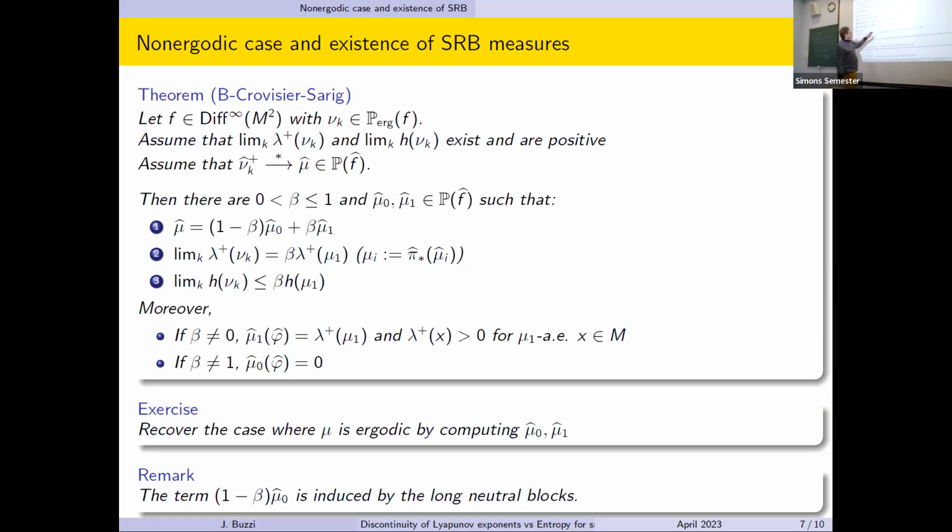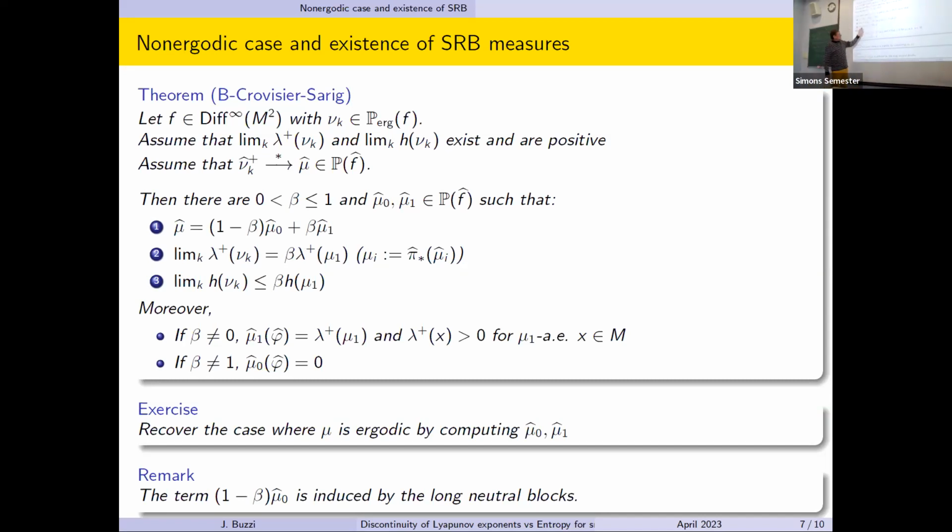Okay, you see, I have renormalized in this statement: mu 0 and mu 1 are renormalized, they are probability measures. So really this part is beta times mu 1. And they are just the projections.